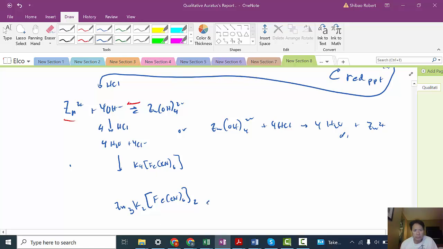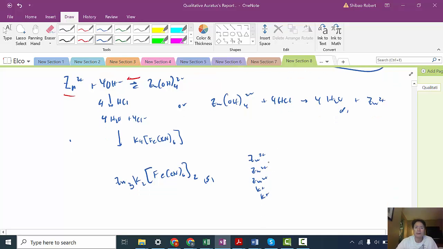And this is an unusual precipitate here. And so the zinc is 2+, zinc is 2+, zinc is 2+, and then potassium's plus, potassium's plus. So this is minus 2, 4, 6, 8, minus 8. And then we have 2 of these. And so this is plus 8, sorry. We have 2 of these, this is going to be minus 8.